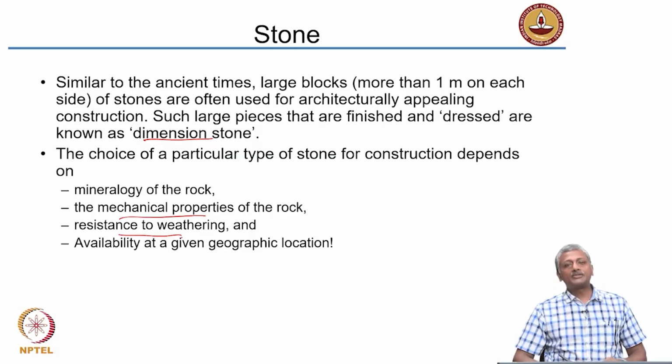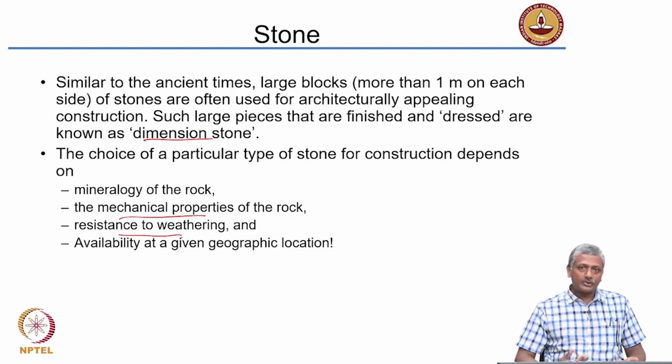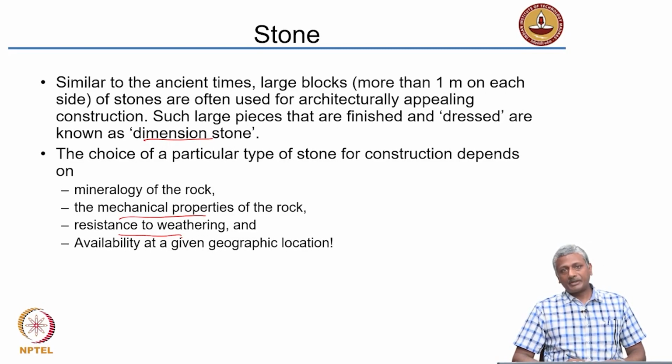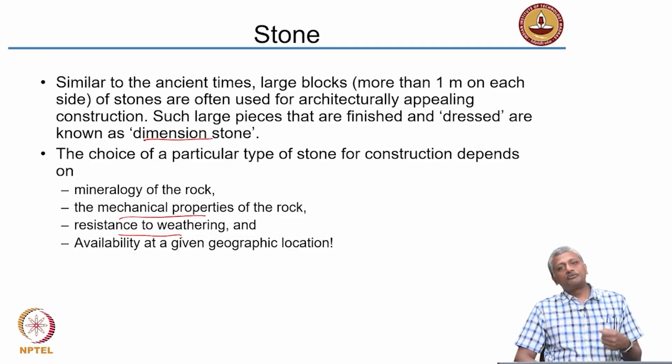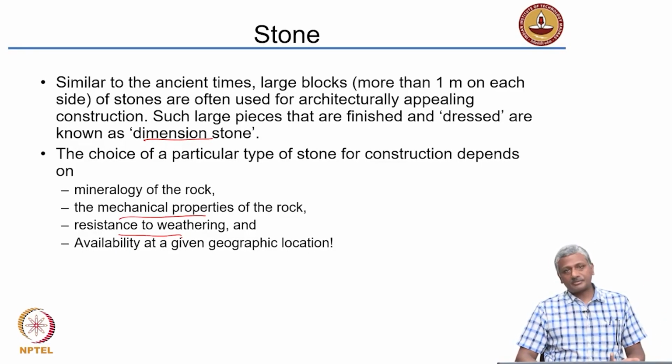So, we call that as durability, strength and durability, or in the case of rocks and stones we call it mechanical properties and resistance to weathering. Okay. So, for instance, when our forefathers built these large temples and monuments, they wanted the structure to be used for number of generations. Okay. They did not think about the structure only lasting for 50 to 100 years or within their lifetimes. They built these structures to last for hundreds of thousands of years.